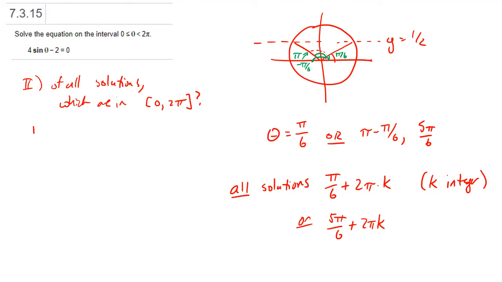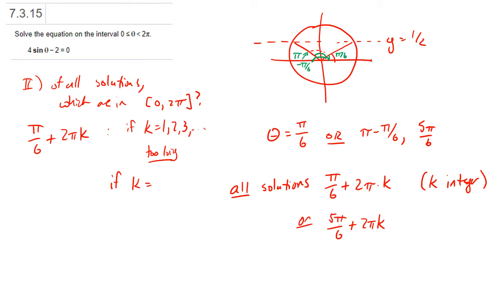We could have pi over 6 plus 2 pi times an integer k, and we observe that if k is positive, 1, 2, 3, etc., this is going to be too big. If I have a quantity bigger than 2 pi and then I add more on top of it, I'll be bigger than 2 pi.